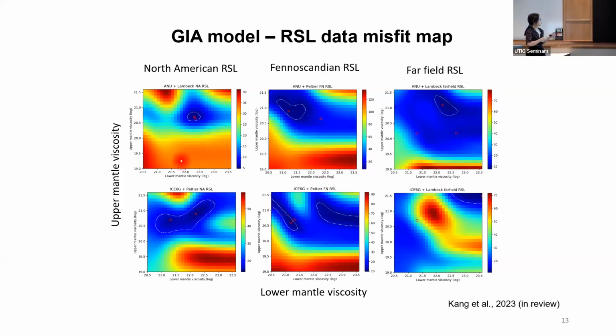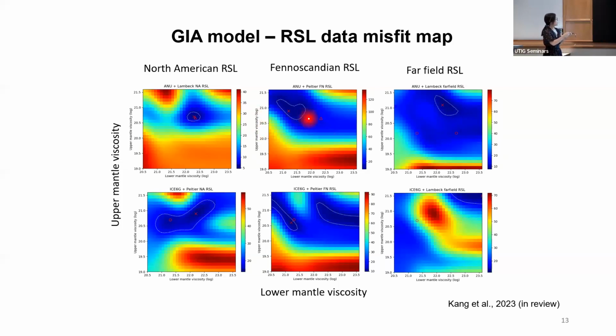The conclusion is, comparing these three different sea level data sets, the North American relative sea level data can give us a better constraint, because you can see the low misfit region is very small.